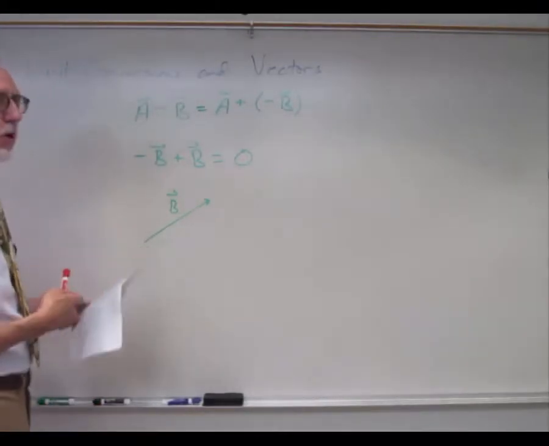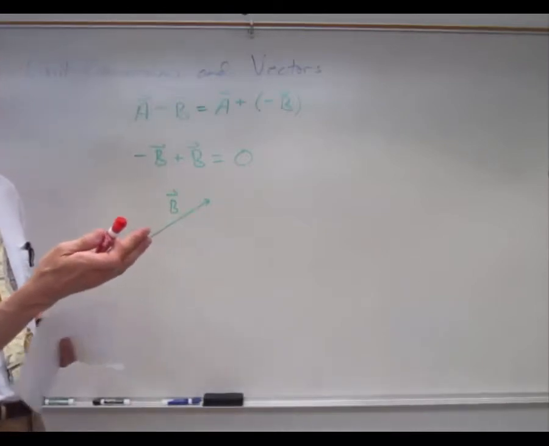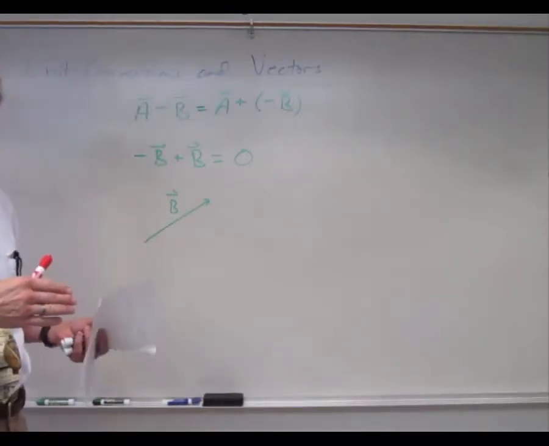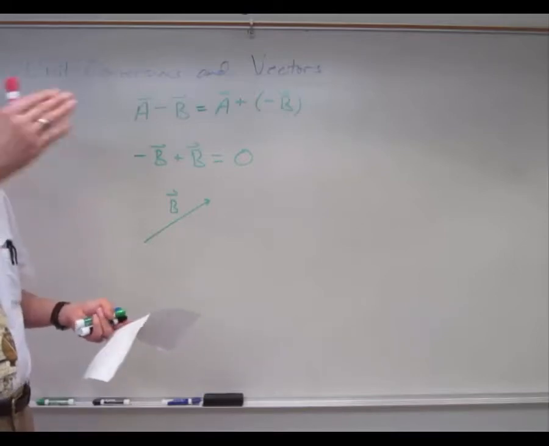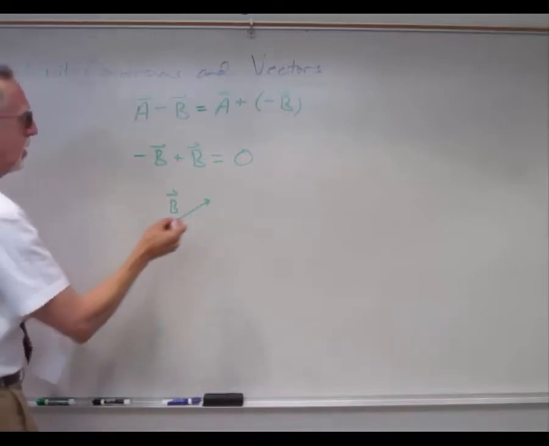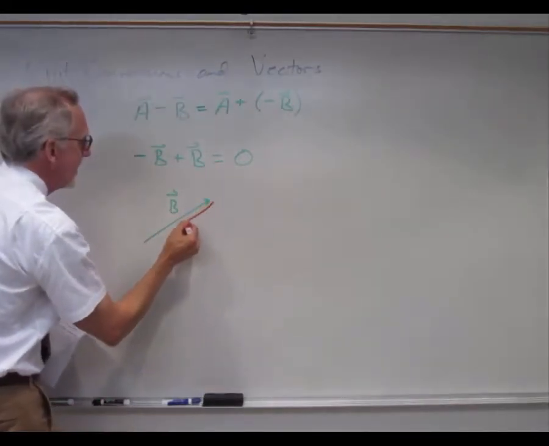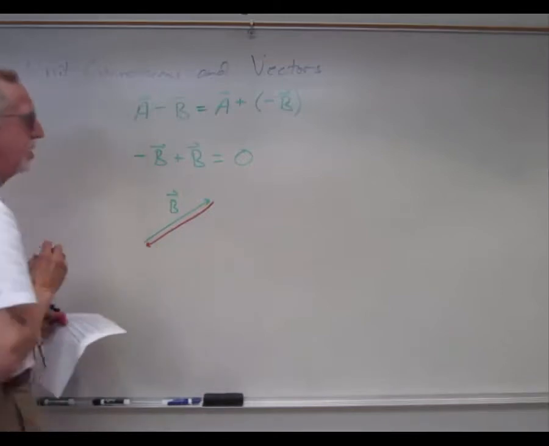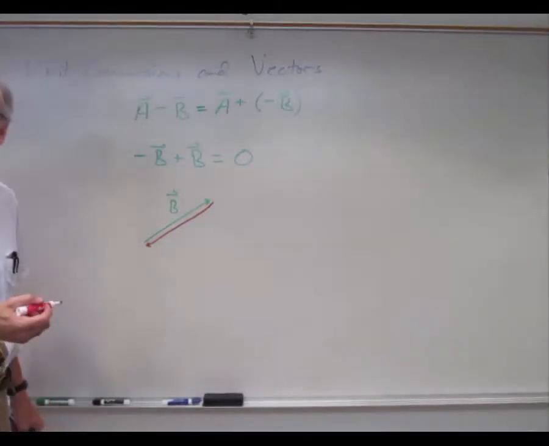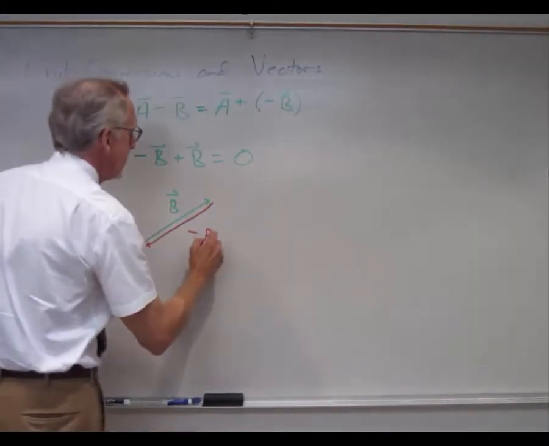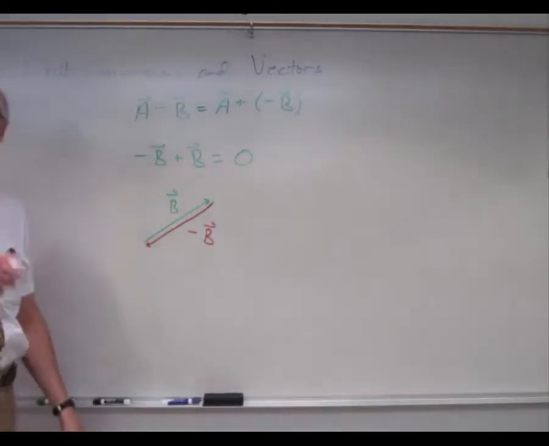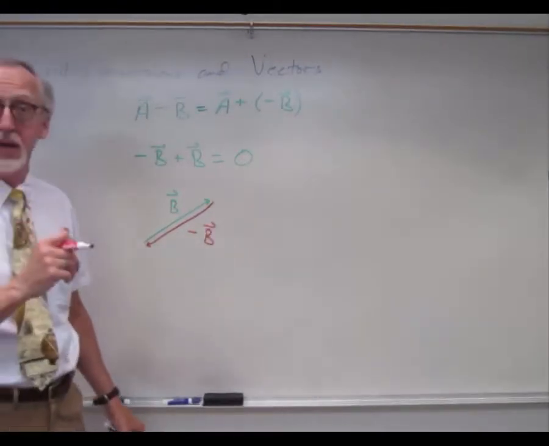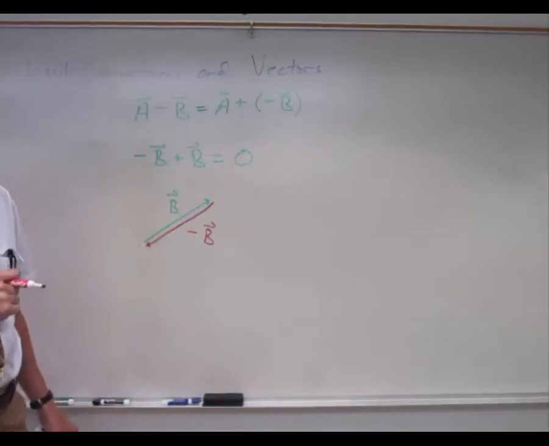Well, if we go for a walk, how would we have to walk to have 0 net displacement? In other words, to get back to where we started. Well, we would have to walk in the opposite direction, but exactly the same distance. So negative B is a vector that has exactly the same length as B, but in the opposite direction.